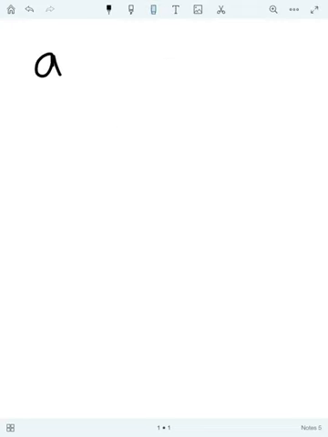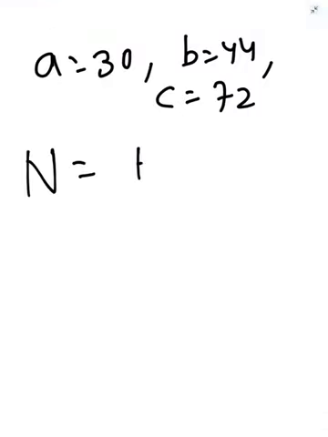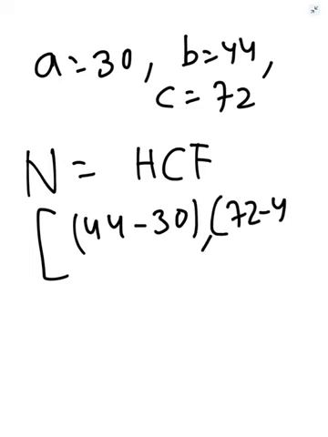So here A is 30, B is 44 and C is 72. So N will be the HCF of the differences. I take the difference 44 minus 30 and the other difference 72 minus 44.